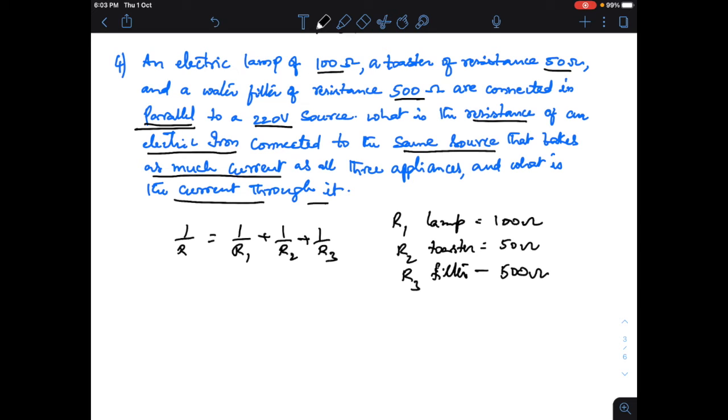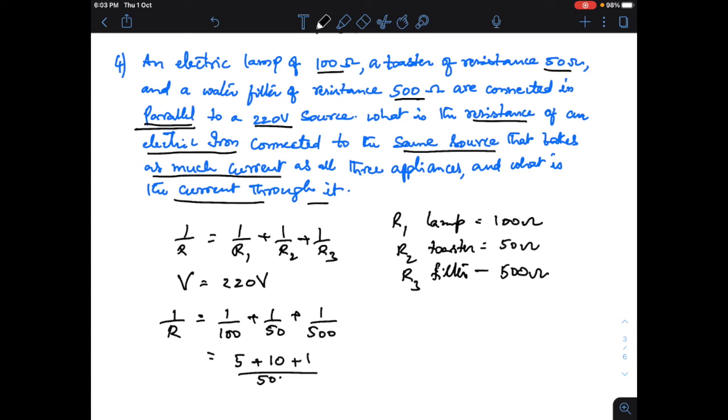So these are given in parallel, and voltage V is 220 volts. So first, 1 by R is equal to 1 by 100 plus 1 by 50 plus 1 by 500. That is equal to (5 plus 10 plus 1) by 500. So that is equal to 16 by 500.